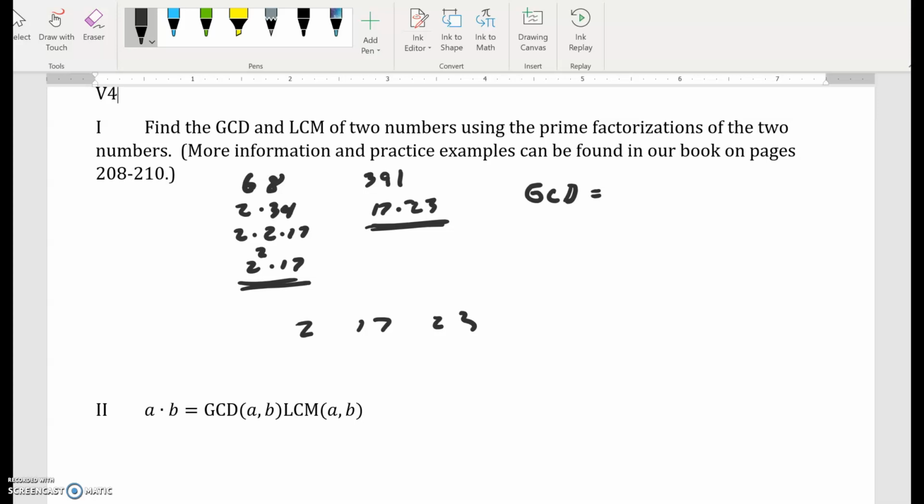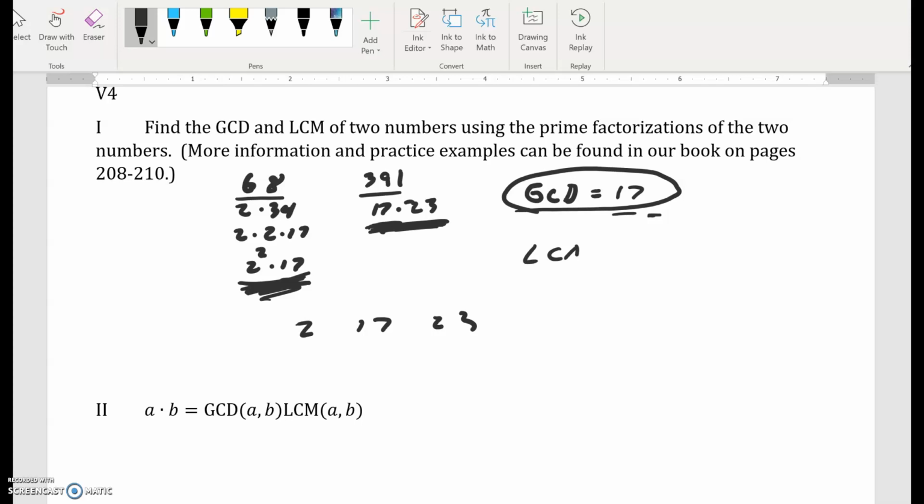So the fewest 2's is here, and it's none of them, so we don't have any 2's. The fewest 23's is here, and it's 0 of them, so we don't have any 23's. The fewest 17's is a tie, so we use either one but not both. So the greatest common divisor of these two numbers is 17.